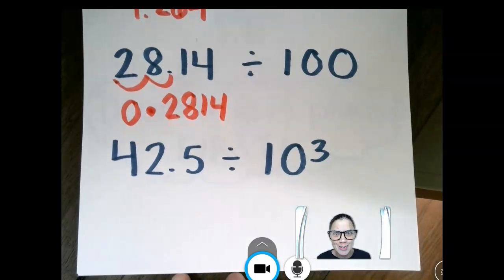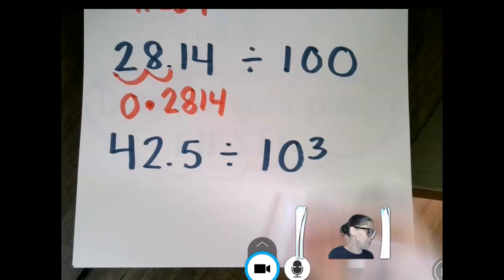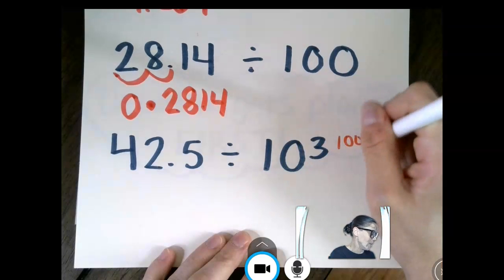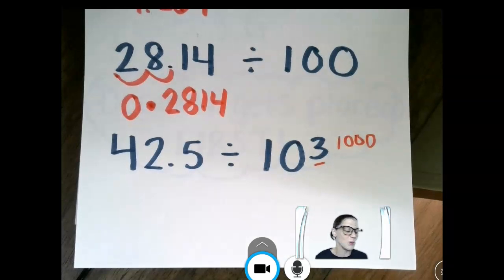And finally, my last one. You didn't think I was going to let you go without dividing by 1,000, did you? So 10 to the third power is the same as 1,000 because if you remember, 1,000 has 3 zeros, and that's what that third power means. It means that there's 3 zeros. So I have 42 and 5/10 divided by 1,000.